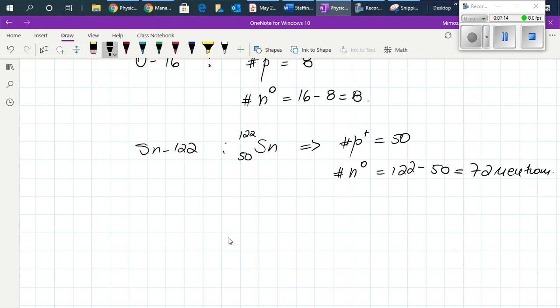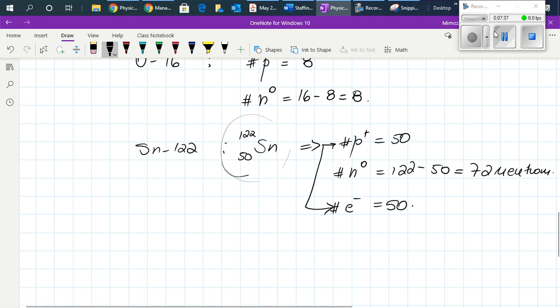And when we have an atom of tin, the number of electrons is the same as the number of protons, because an atom is a neutral entity.